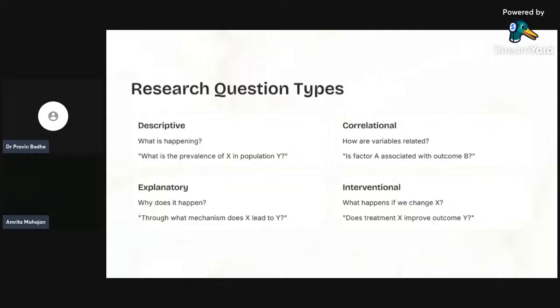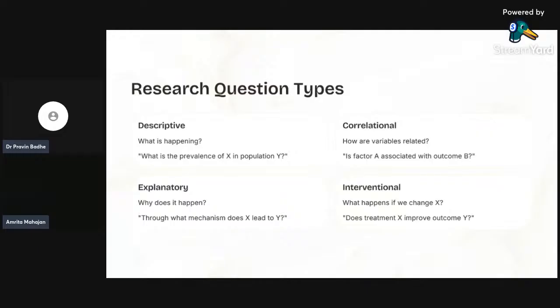Then comes the research question types. Descriptive is like what is exactly happening. It's just describing facts or frequencies. Then comes the correlation. How are things actually related? It looks at associations between two factors, but that does not actually prove cause and effect. And then comes the explanatory.